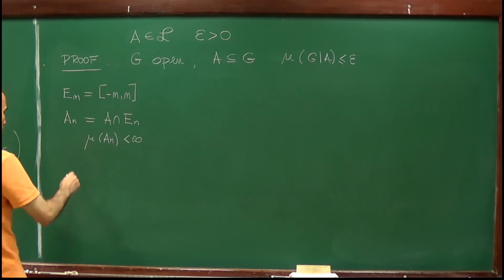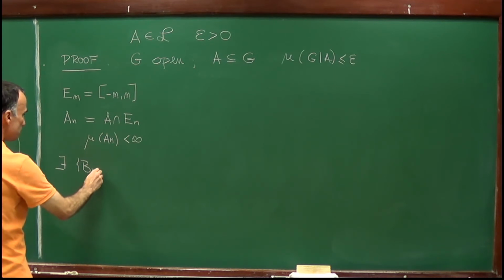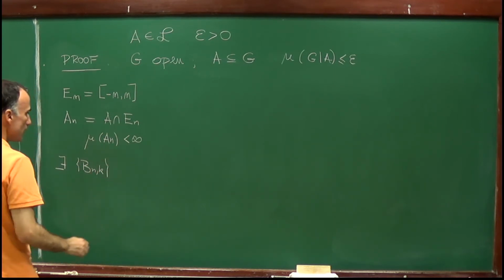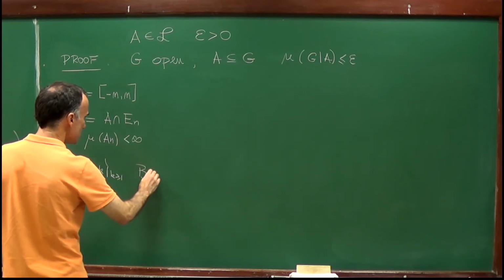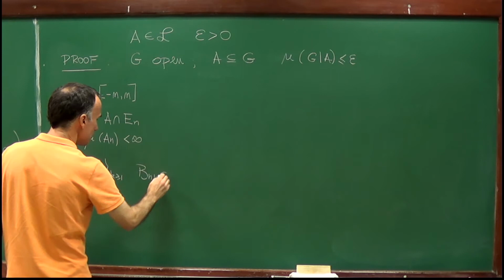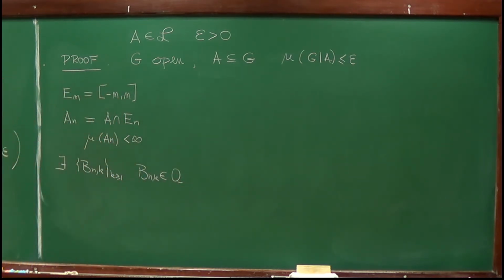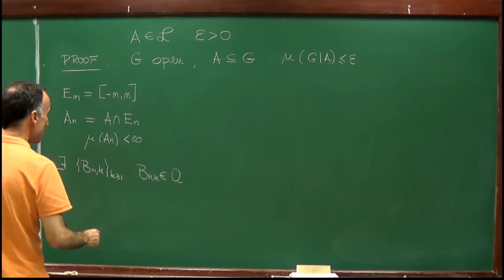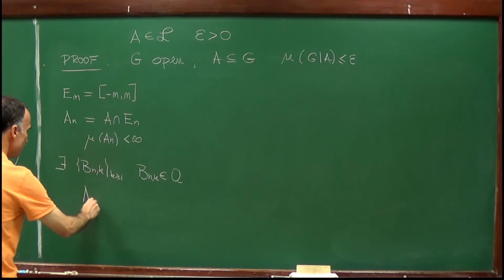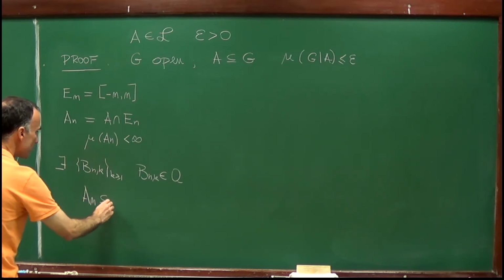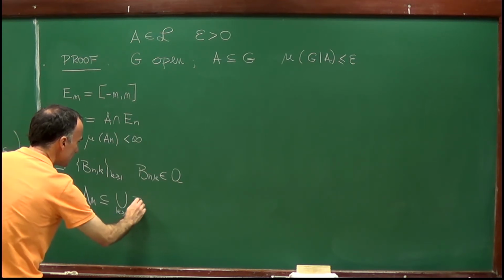Since this measure is finite, we know that there exists a sequence B_{n,k}, k greater or equal than 1, where each B_{n,k} belongs to the algebra, and A_n is contained in the union of the B_{n,k}.